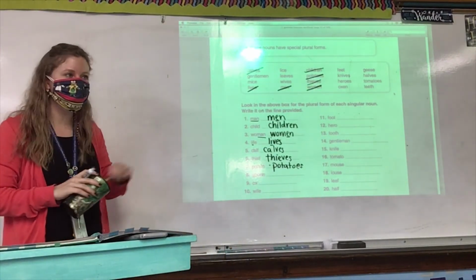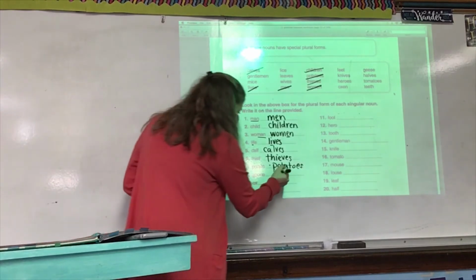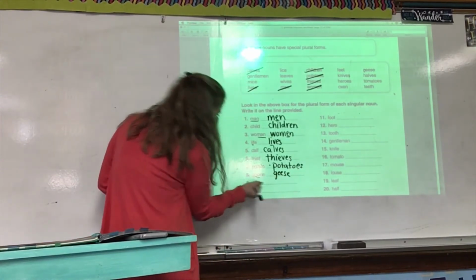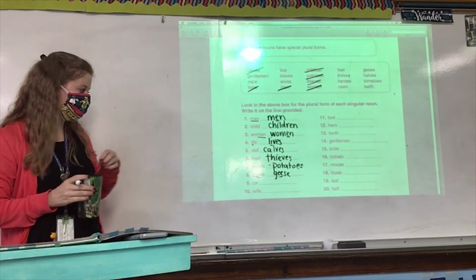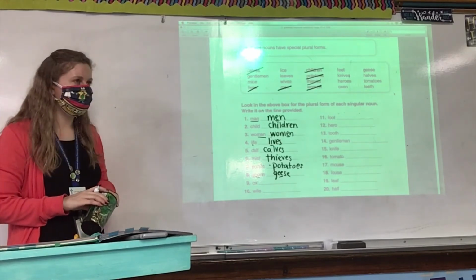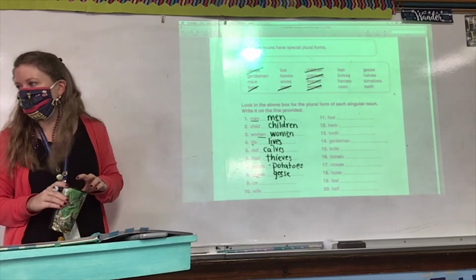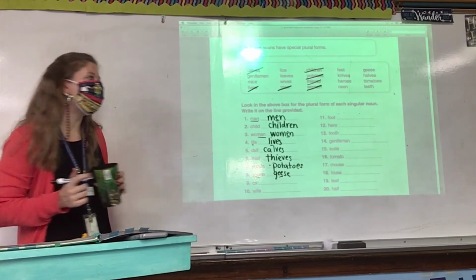Number 8, goose. Colin. Geese. Geese, that's one of those ones where the vowel sound changes. So instead of O-O for oo, we change it to E-E to say E. Number 9, ox. Kingston. This doesn't follow any rule because the plural of ox is what? Oxen.